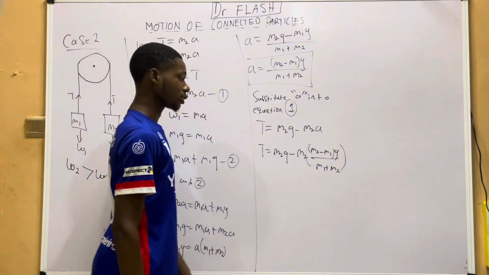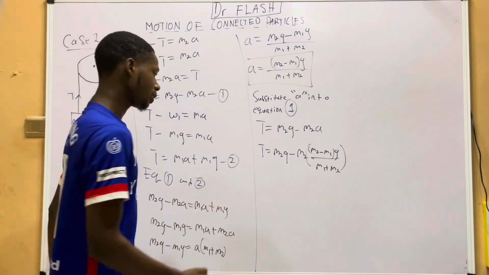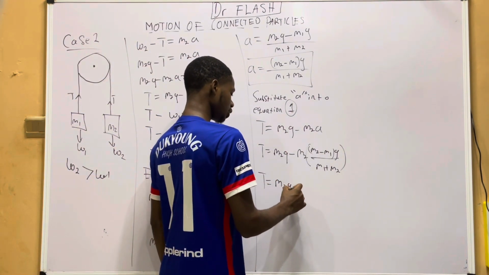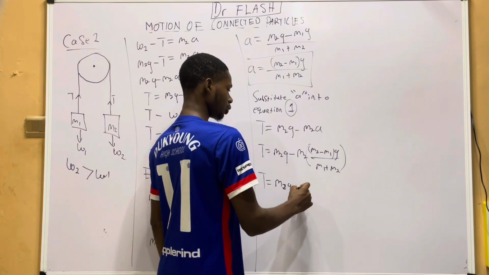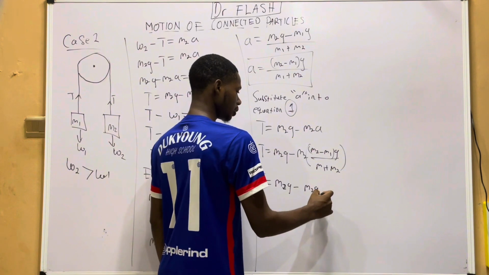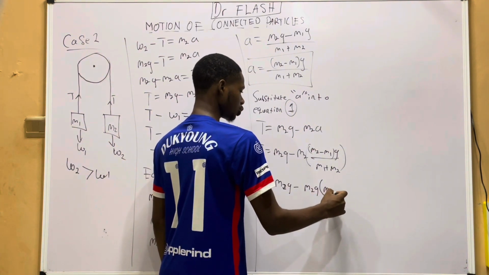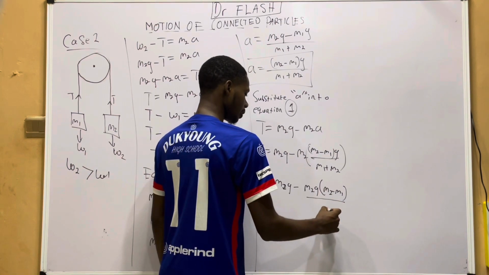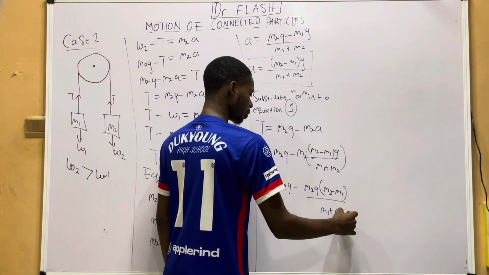We want to make T the subject, so we're going to try and simplify this. Now let's open the bracket. We're going to get T equals M2G minus M2G into brackets M2 minus M1 divided by M1 plus M2.